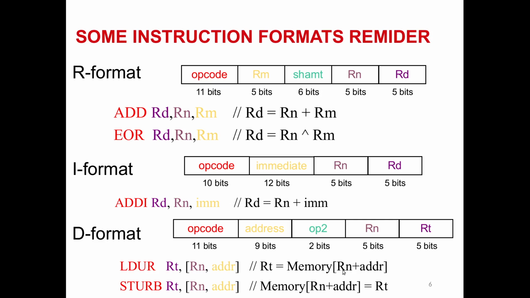The value in memory at the offset address from Rn will be loaded and written into register Rt. For the store instruction, STURB, the value in Rt will be stored in memory at the offset address written here, and all these values are in the format.